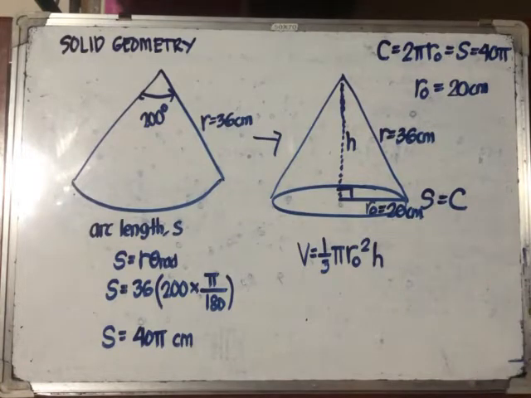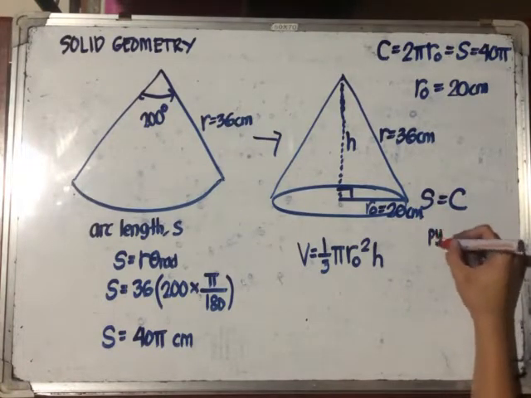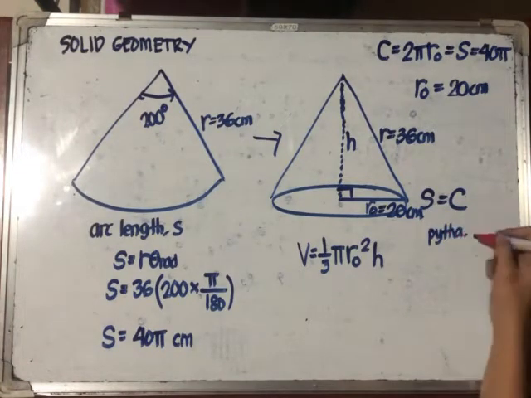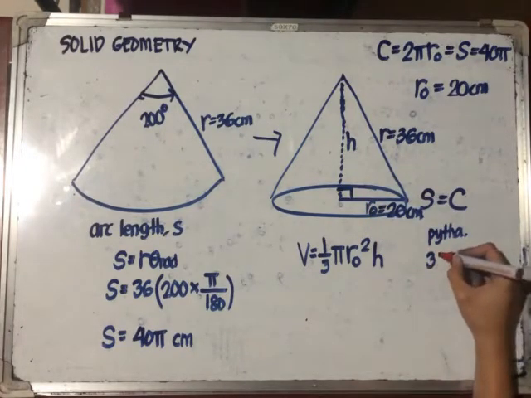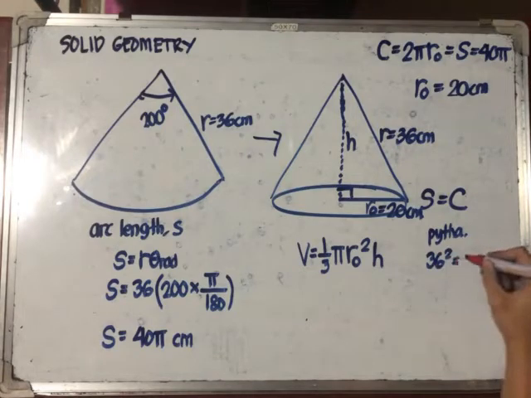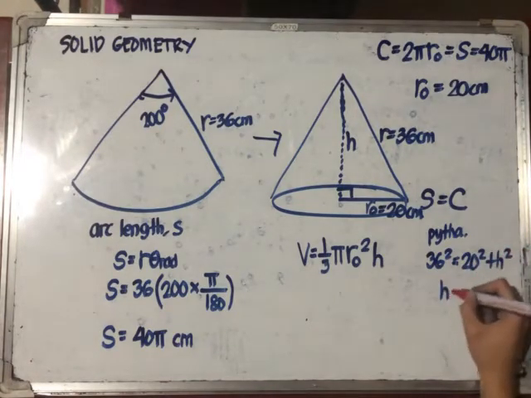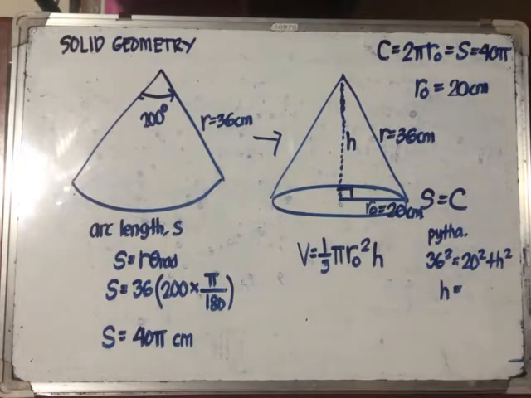And by Pythagorean theorem, okay, you can get your h. That would be 36 squared is equal to 20 squared plus h squared. Your h therefore would be 36 squared minus 20 squared, and take the square root.